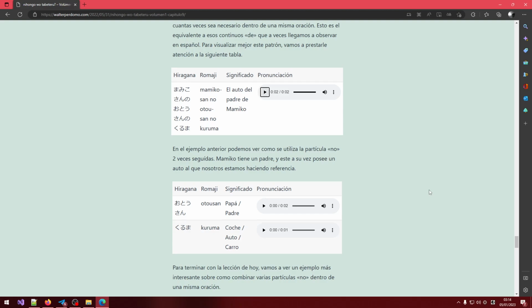Here's the vocabulary. お父さん、 Okay, that's a bit loud. お父さん、車、 車 is car, basically.